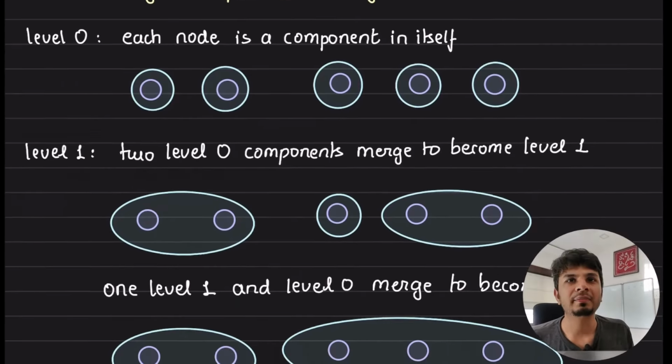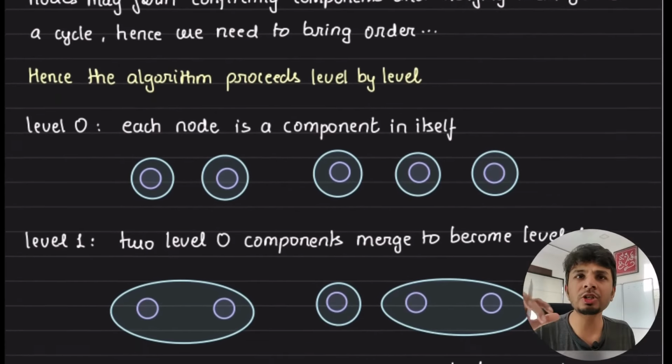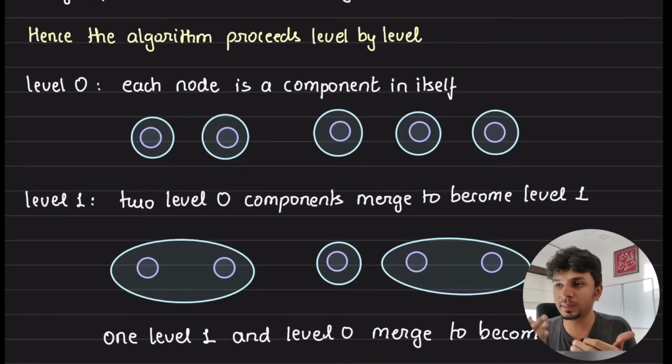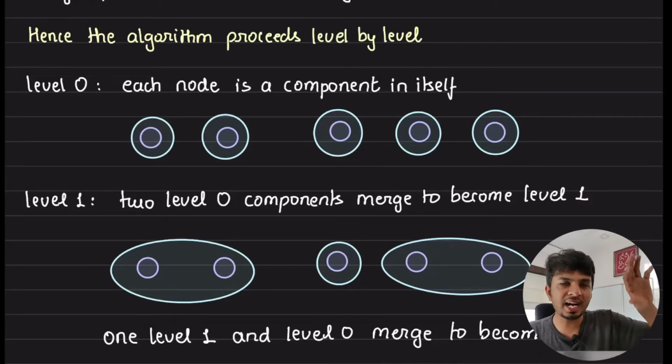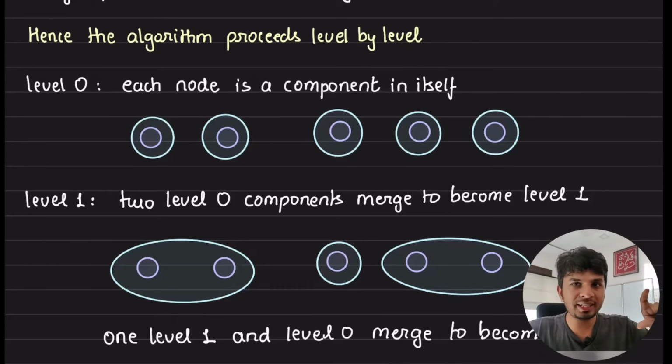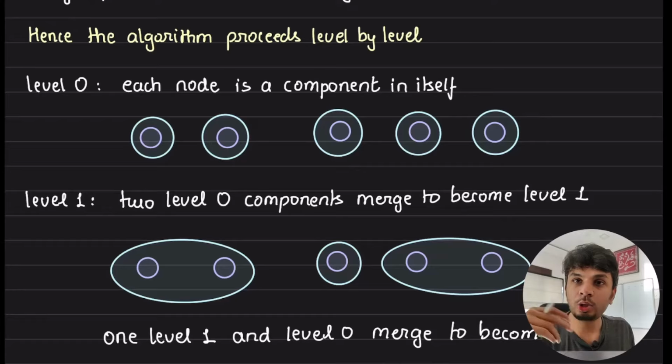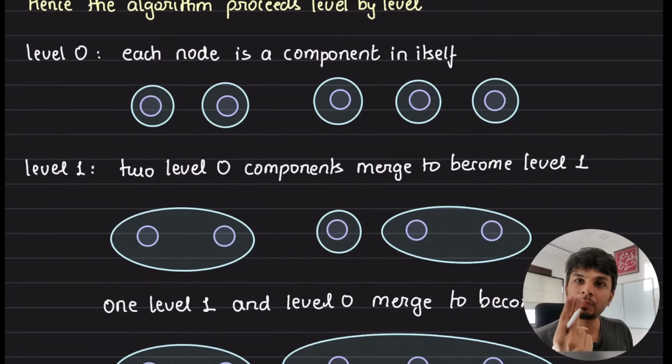So the algorithm proceeds level by level. When I say that, we start with level 0, where every node is an individual, a spanning tree in itself. Then when two level 0 components merge, they become a level 1 component.